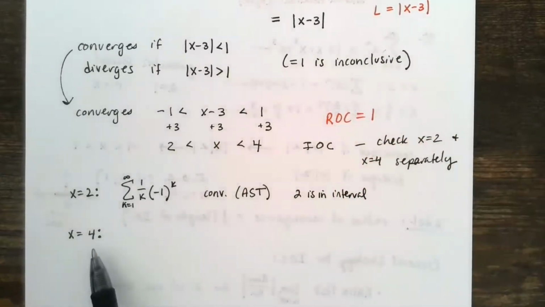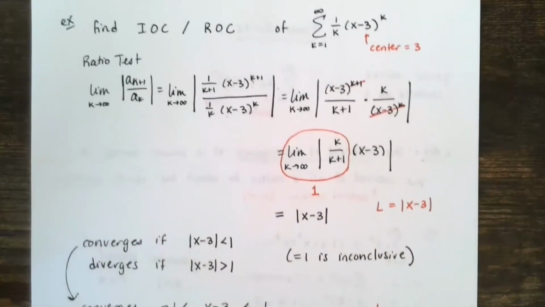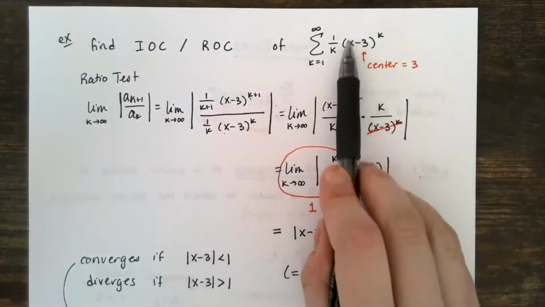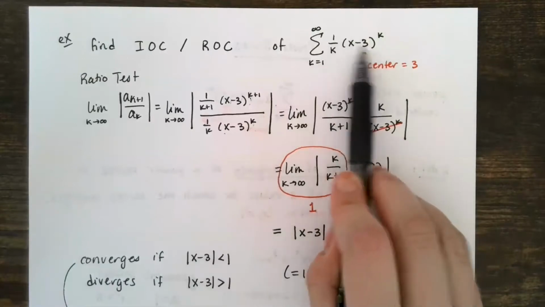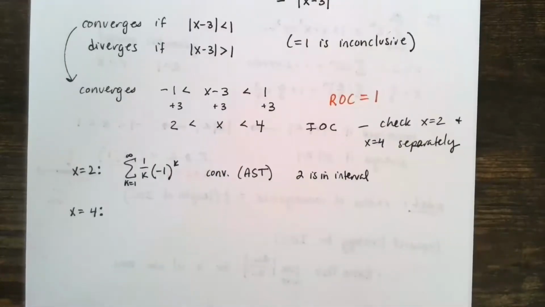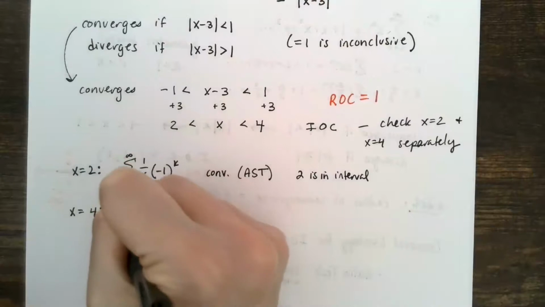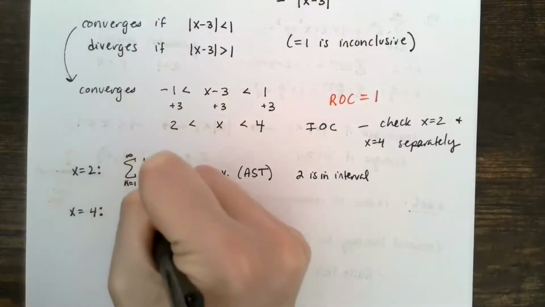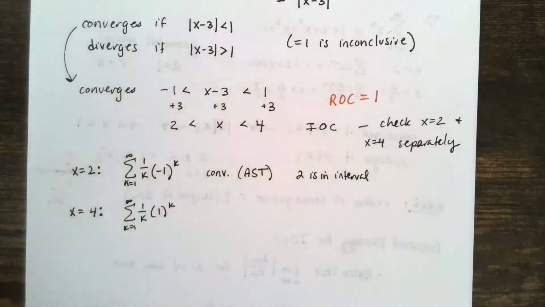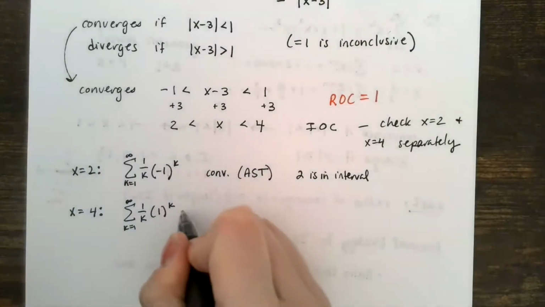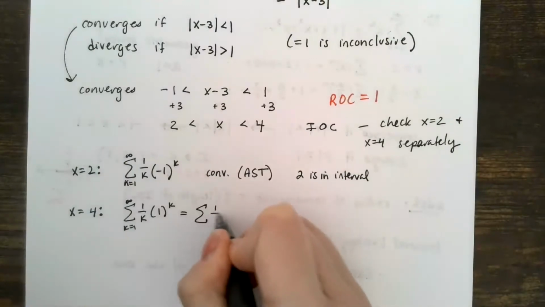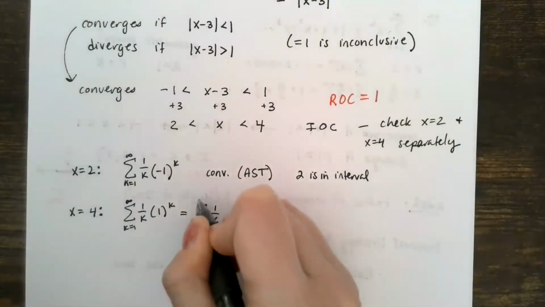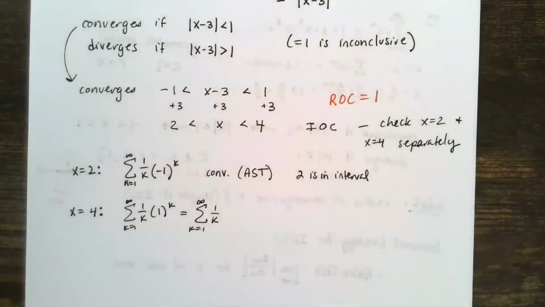Okay, so now we're going to do something very similar for 4. We'll come back up to the original power series and put a 4 in for x here. 4 minus 3 is 1. So I get the series from k equals 1 to infinity, 1 over k times positive 1 to the k power. And that subtle change makes all the difference. 1 to the k power is always 1. So I can actually just drop it entirely, and what I'm left with is our old friend, the harmonic series.